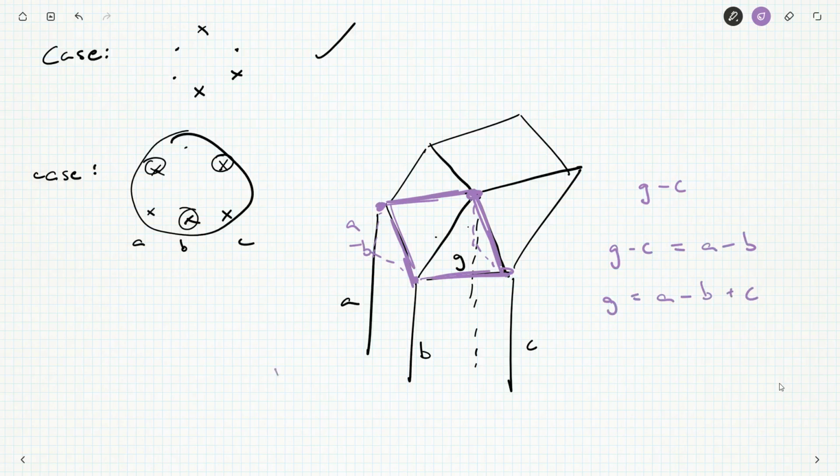And of course this is assuming A is greater than B. If A were less than B, it would just be a simple tweak. It would be C minus G is B minus A. Again, parallelogram, but now we're going from B down to A. And so G would still be A minus B plus C.